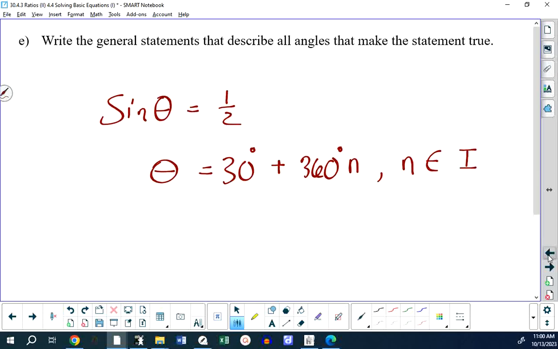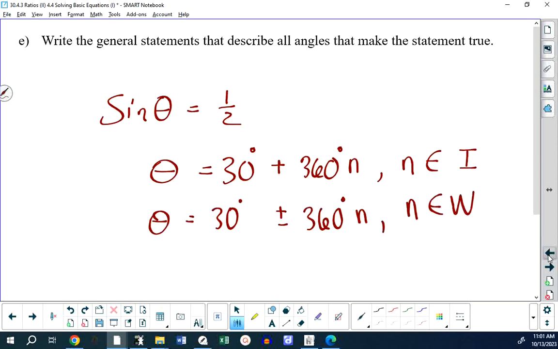You could also put, if you wanted to, theta equals 30 degrees plus or minus 360 degrees n. You would have to say n is a whole number because you need to include the 0. And again, this is subtle, but when I say what are the angles coterminal with 30, 30 degrees is not coterminal with itself.